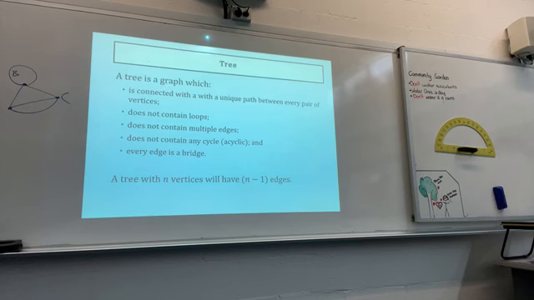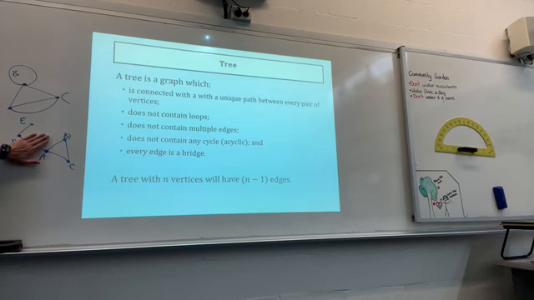Every edge is a bridge. So a bridge, if you take away one of the edges and it causes the graph to become two separate graphs, or disconnects the graph, then that's a bridge. So if I've got something like this, A, B, C, D, E, DA is a bridge.